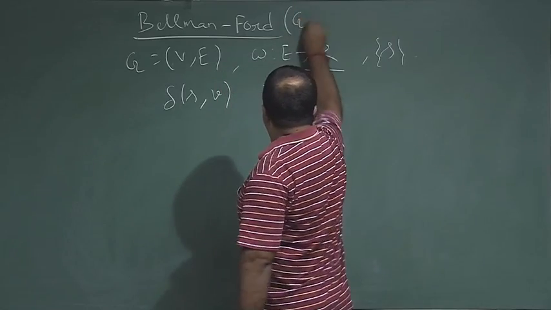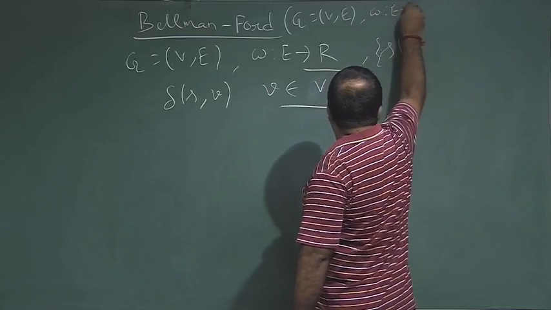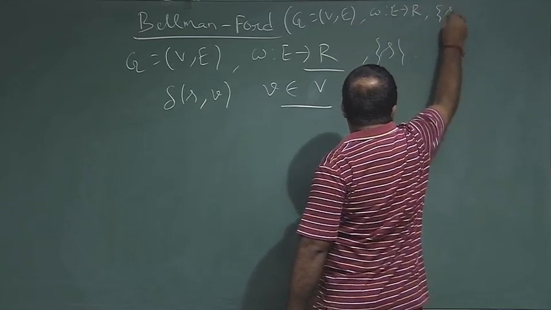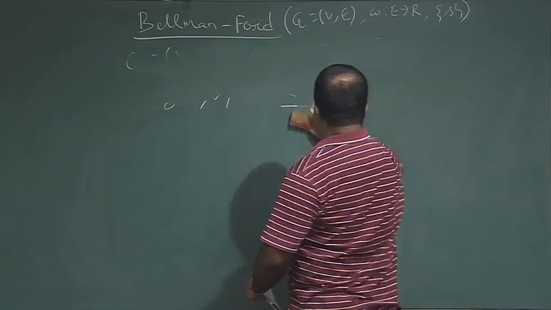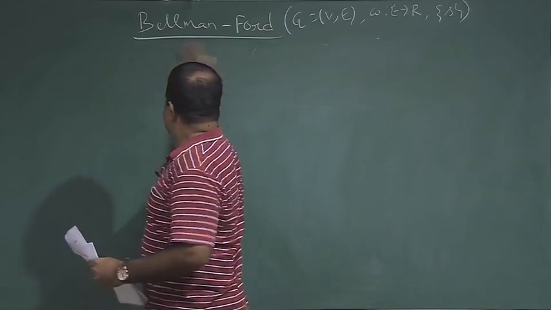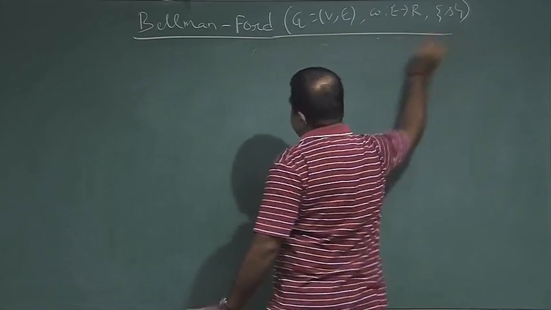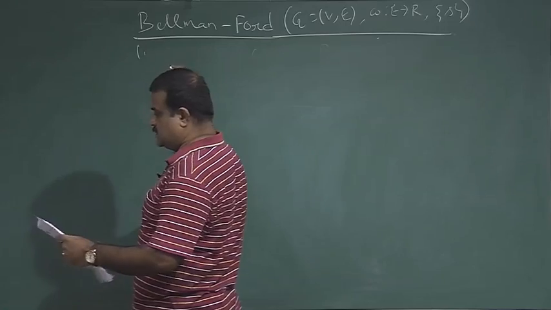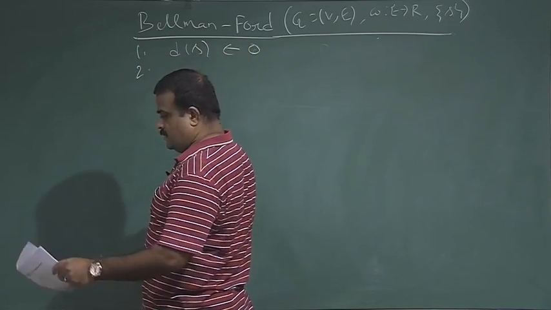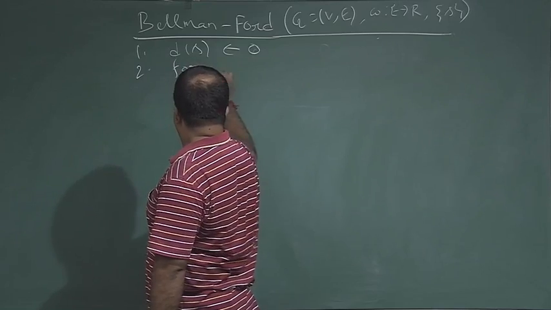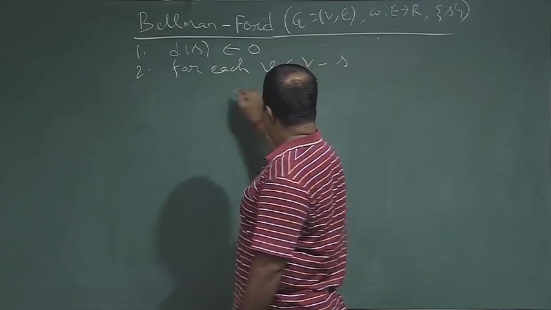So, this is G, W from E to R, and we have a source vertex. Okay, so the initialization step is the same as Dijkstra. We just assign d of S as 0 and d of any other vertex, V minus S, as infinity.